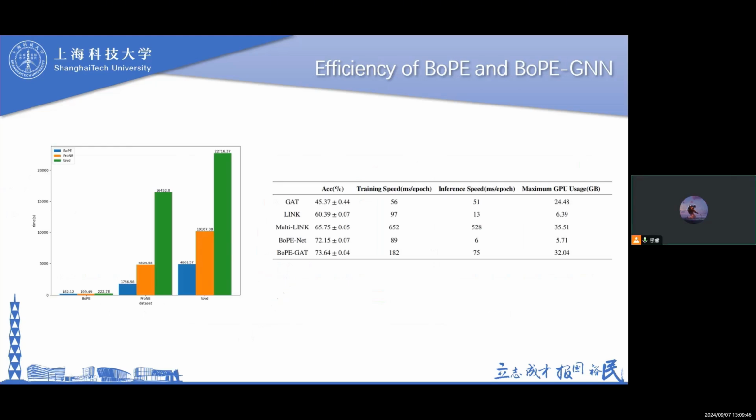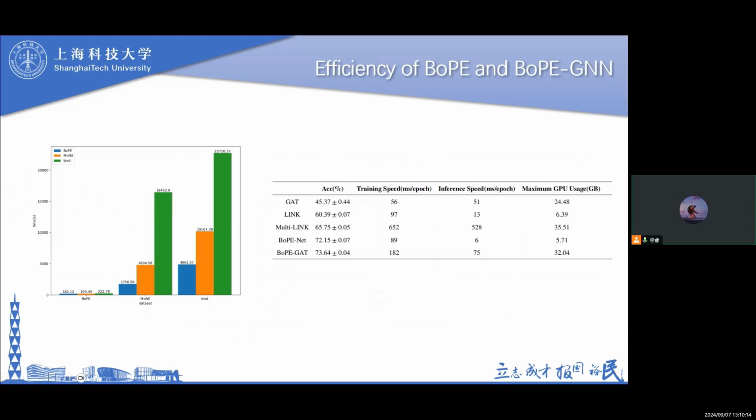Lastly, we analyze the efficiency of BOP and BOP-GNN. We analyze the CPU runtime for obtaining graph embedding on snap-patents. It shows that BOP requires about 100 seconds, whereas other embedding methods like RandNE and TSVD require 1,000 to 10,000 seconds.